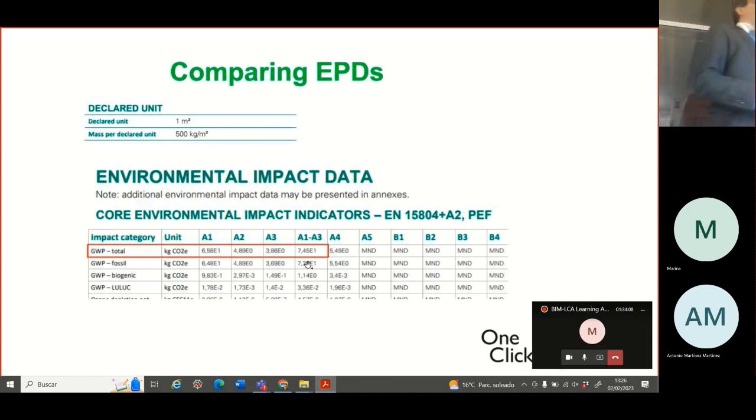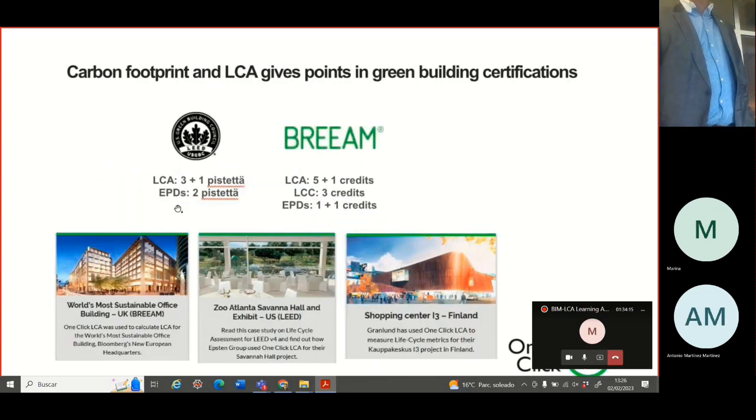I leave you the pleasure to read it. So why are they using this? Because you receive credits. The system for LEED and BREEAM is based on how many points you have from 100 possible points. Have you reached, let's say, 40, which is LEED pass or BREEAM pass, till 85, 89.